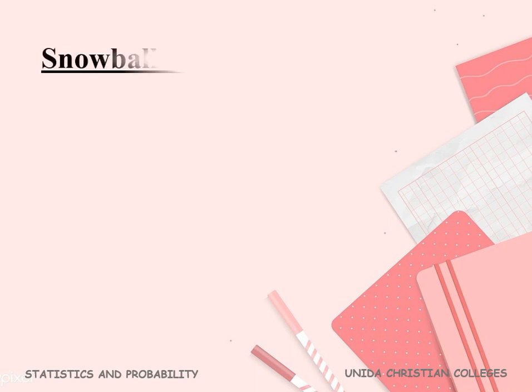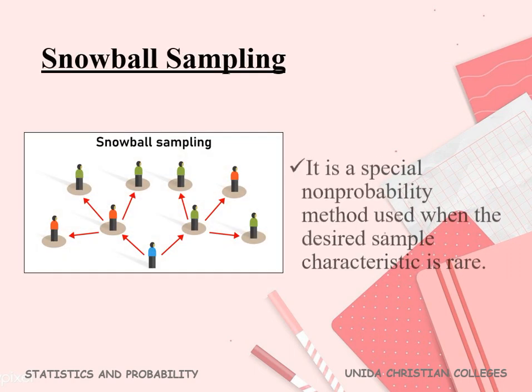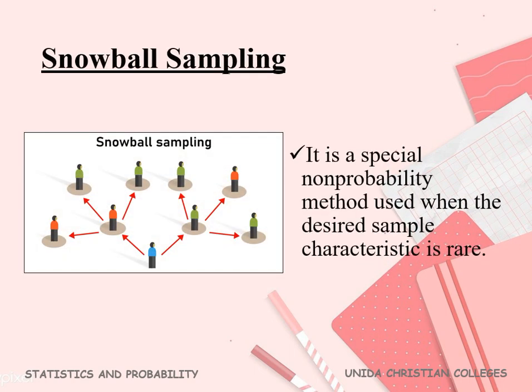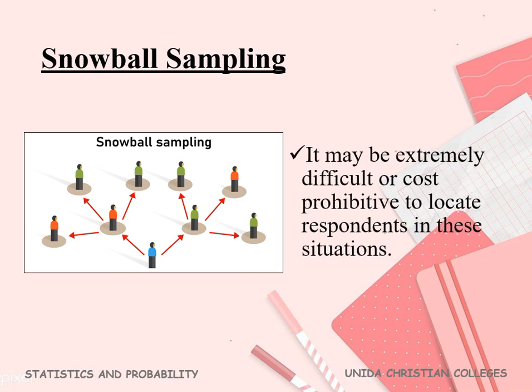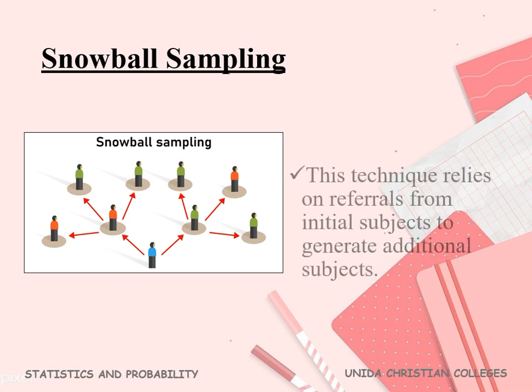Next, we have the snowball sampling. So, in snowball sampling, it is a special non-probability method used when the desired sample characteristic is rare. So, ito yung mga study po, no, na ang kanilang mga respondents ay mahirap hanapin or mahirap hagilapin. Yan. So, it may be extremely difficult or cost-prohibitive to locate respondents in this situation.